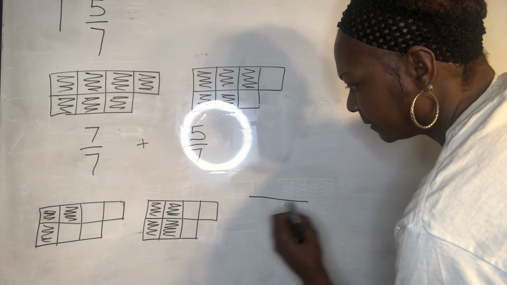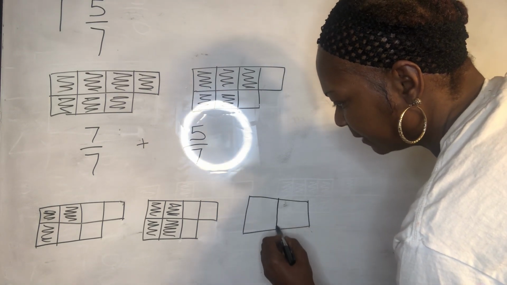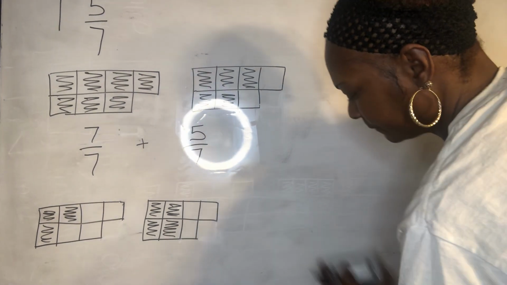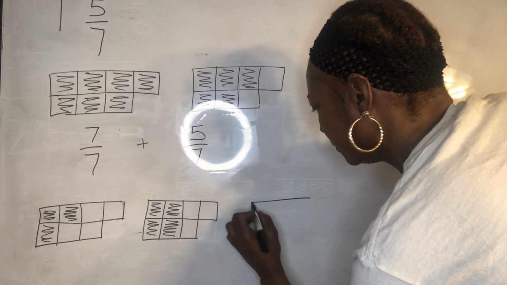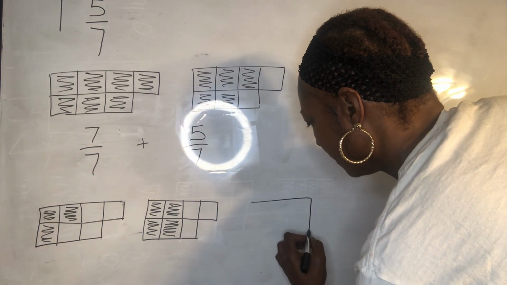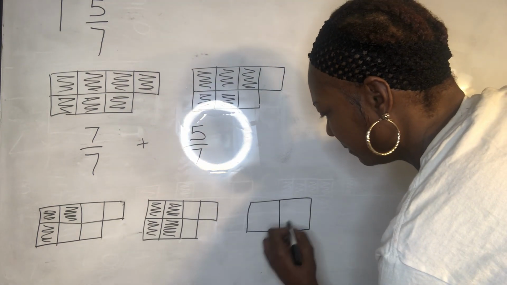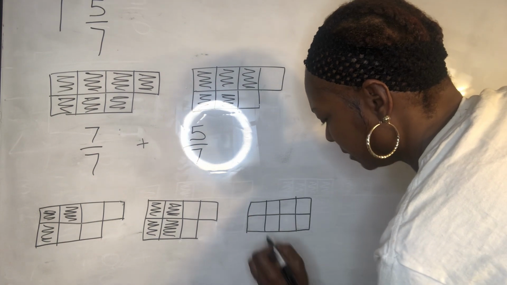And then this one, guys, all I'm doing is making a rectangle. I'm splitting it in half. I'm splitting, let me make it a little better. So you can use 2, actually I'm going to show you in Jamia's book in just a moment how you can make these shapes on notebook paper. And that will be a lot easier. Just let me finish this and I'll show you that.